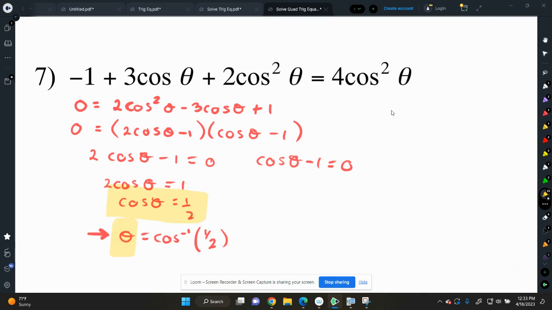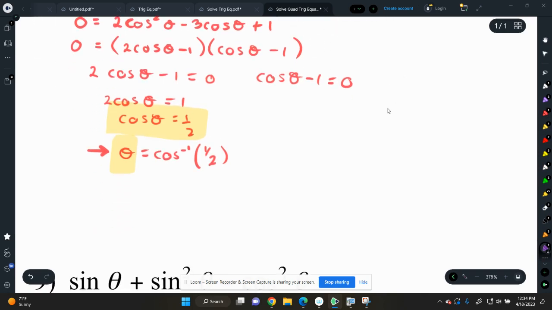You've got to have that extra step. I made a point of stating it yesterday in class, so you will not receive full credit.